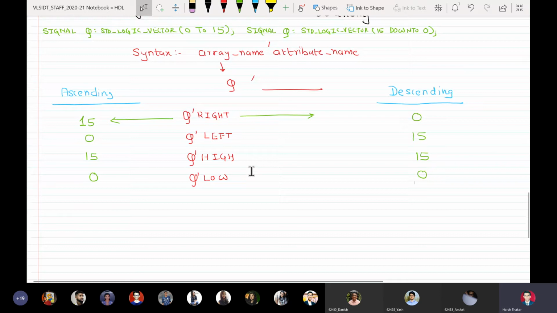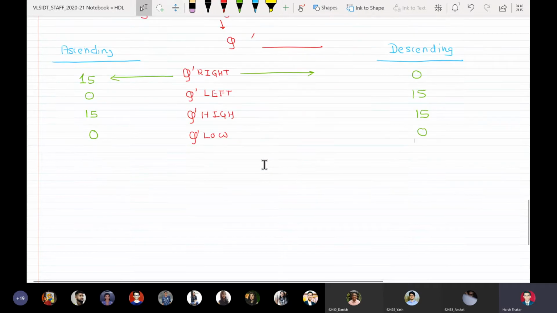Okay. Very simple. So we can conclude that q tick right is equal to q tick high for an ascending array. And q tick left is equal to q tick high for a descending array. So we see here that these two values are equal and here these two values are equal.